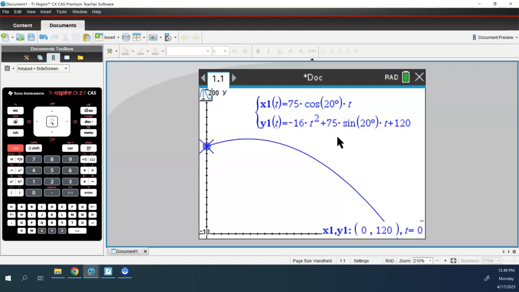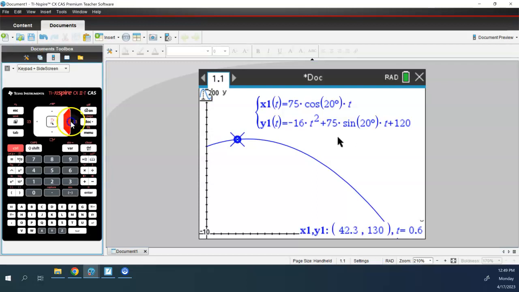So I could go 0.1, keep going, 1 second, 1.5 seconds. And it is asking, what is the height of the ball after 1.5 seconds? It would be 122 feet, approximately.